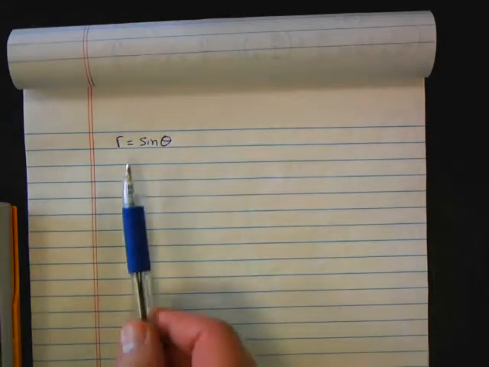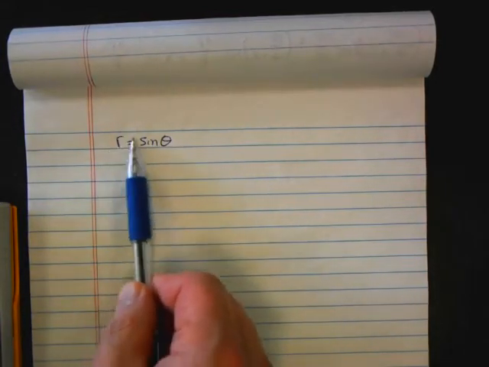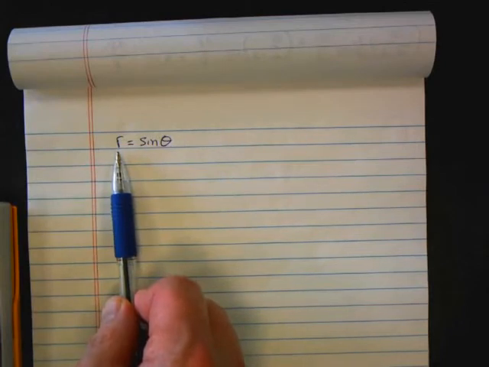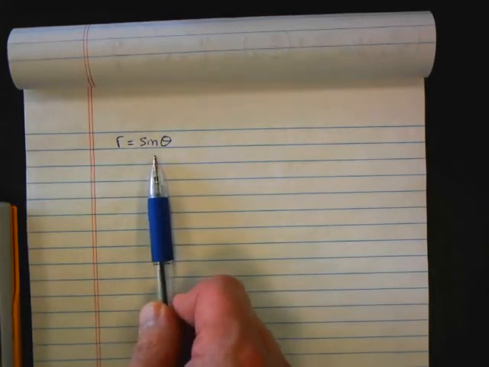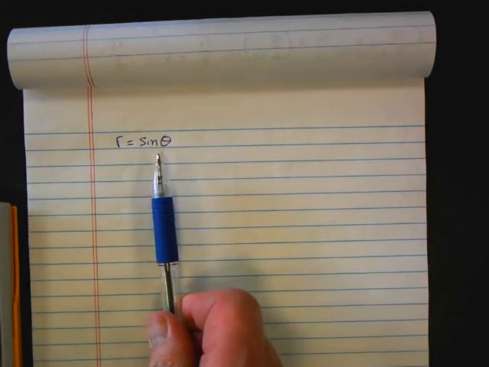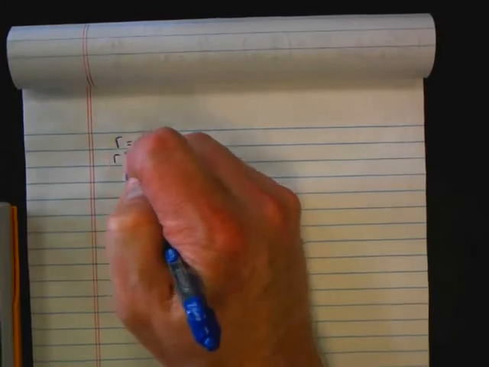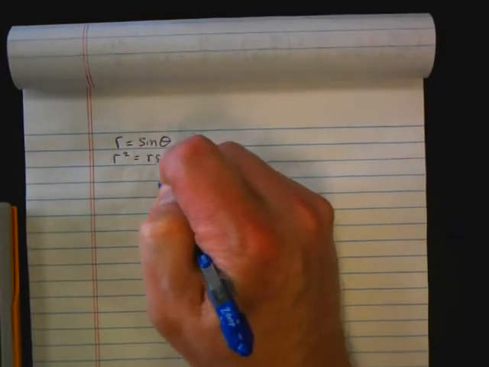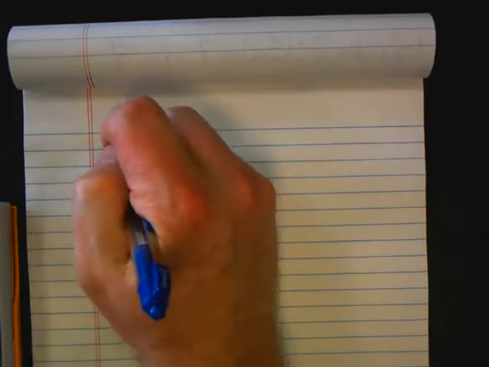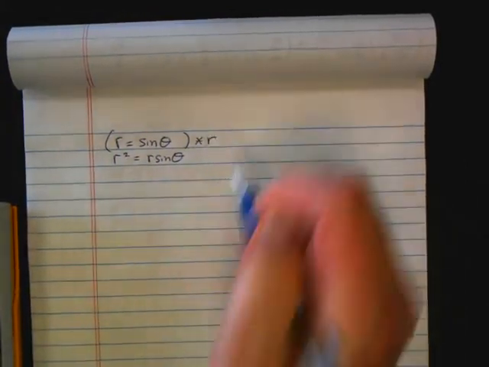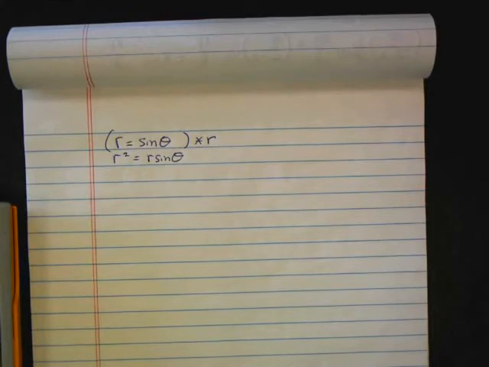Notice that I don't have a formula for r, but I have a formula for r squared. And I don't have a formula for sine, but I do have a formula for r sine. So what I want to do is take this equation and multiply both sides by r. That's a very common technique for converting polar equations into rectangular equations.